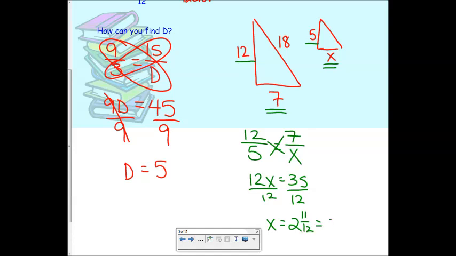So 2.9, all right, we'll call it 2.9. We'll round to the nearest tenth. The other thing is if I put 12 first, on the top, then the 7 has to go on the top too because it's from the same triangle. People do the proportions right, but they set up their proportions wrong all the time in these. So just be very careful with that.